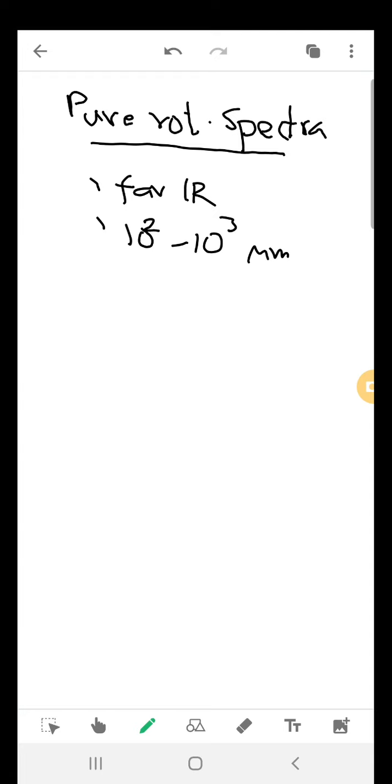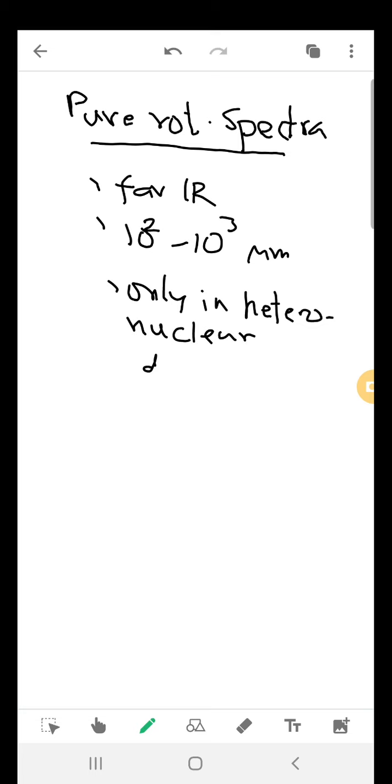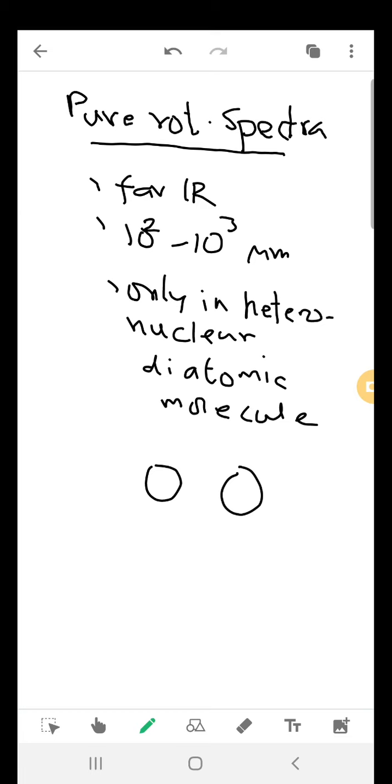And they are also observed only for heteronuclear diatomic molecules. By heteronuclear diatomic molecules we mean there has to be two atoms, and these two atoms should be different.